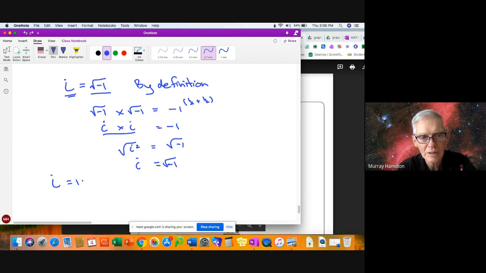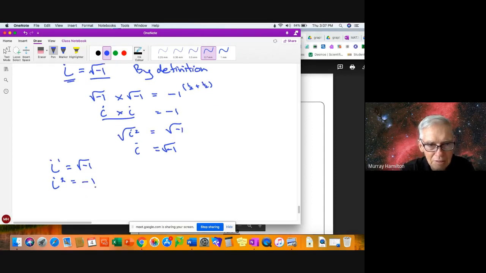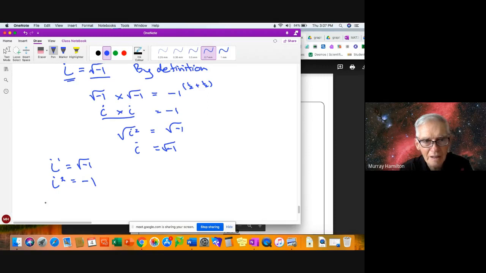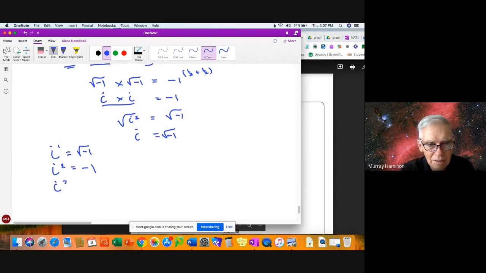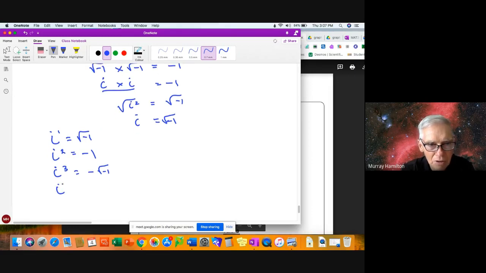That's incorrect. i to the power of 1 equals the square root of negative 1. So i to the power of 2 equals negative 1. i to the power of 3 equals negative 1 times the square root of negative 1, so negative square root of negative 1. And i to the power of 4 equals negative 1 times negative 1, which is positive 1.